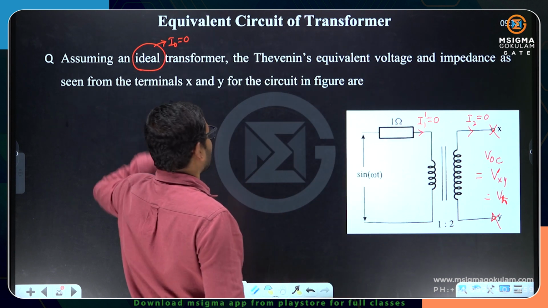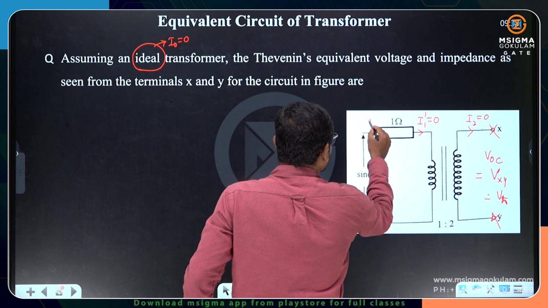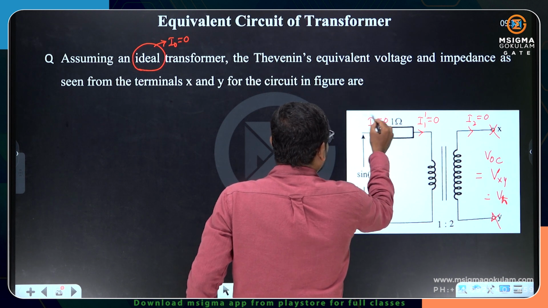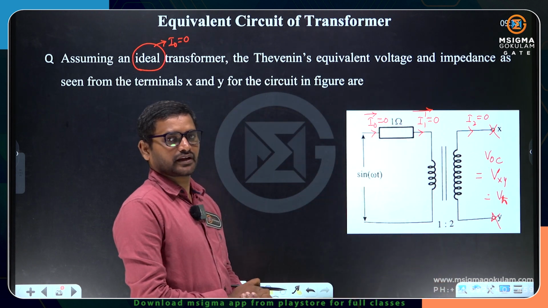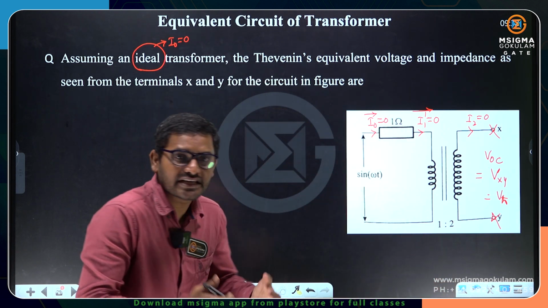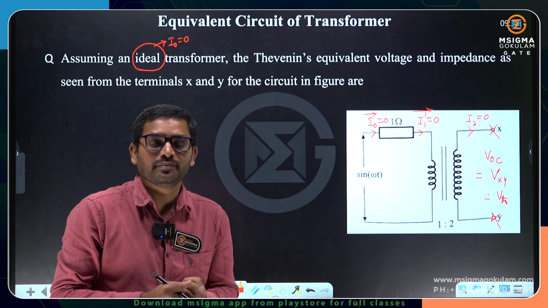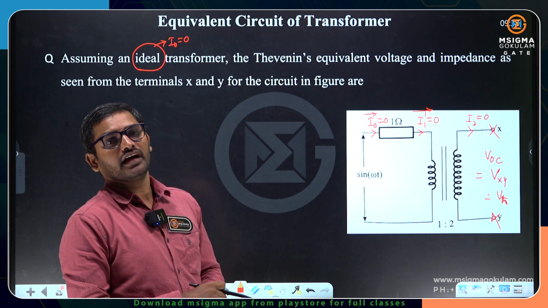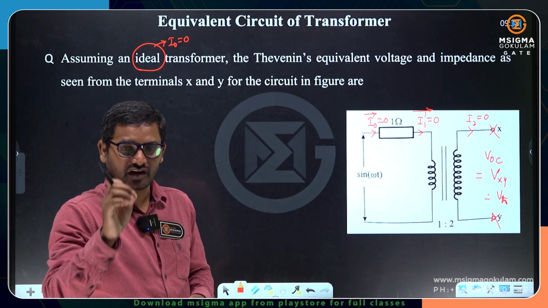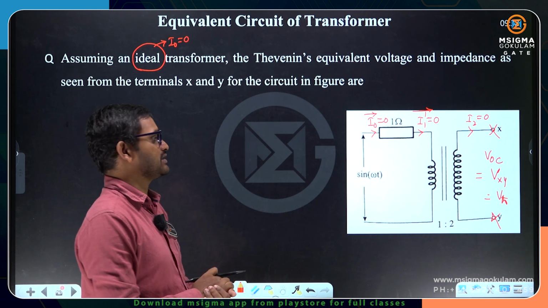Moreover, it is an ideal transformer, so the no load current I0 is also 0, and no current is flowing. An ideal transformer is not at all drawing any current. Because of infinite permeability, the magnetizing current is also 0. The ideal transformer is lossless, so the iron loss component is also 0, and the working component of current is also 0.